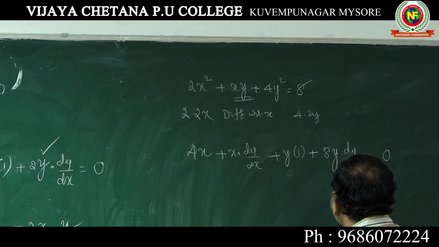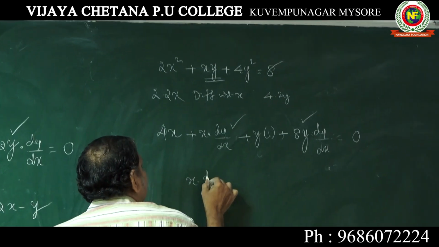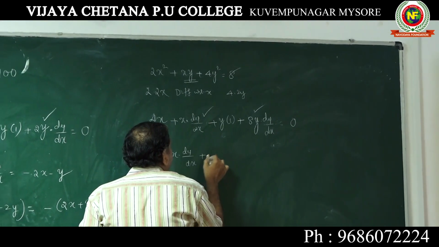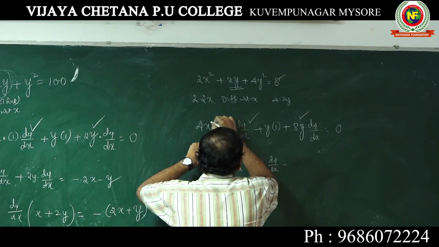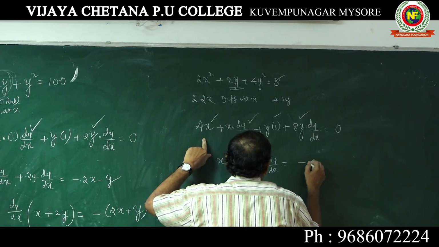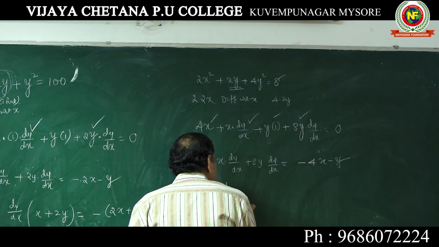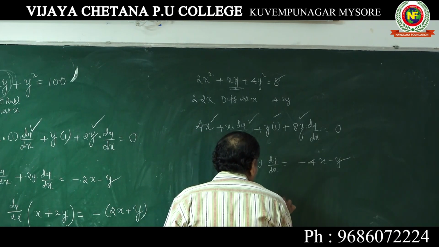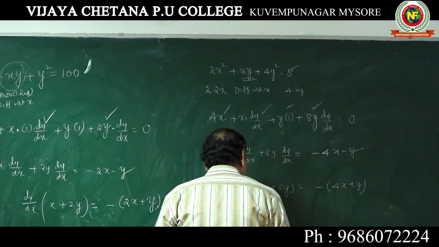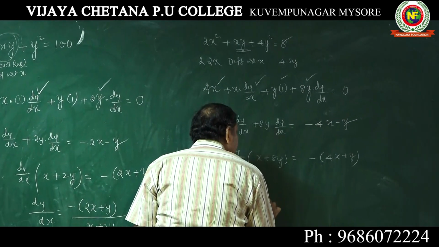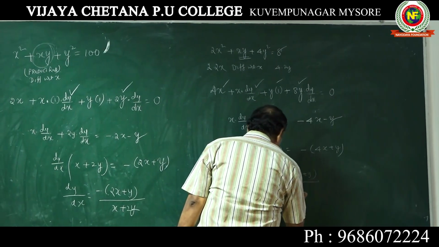So group these two: x dy by dx plus 8y dy by dx is equal to shifting these two terms to that side, that is minus 4x minus y. Or dy by dx into x plus 8y is equal to minus of 4x plus y, or dy by dx is equal to minus 4x plus y divided by x plus 8y.